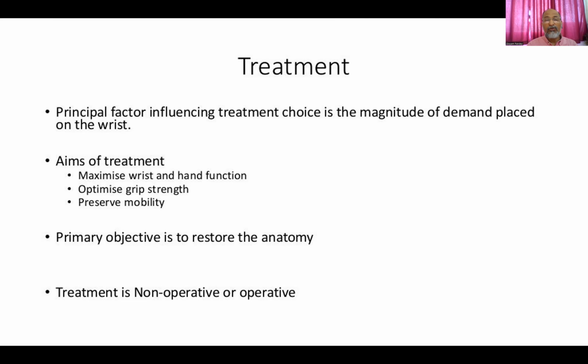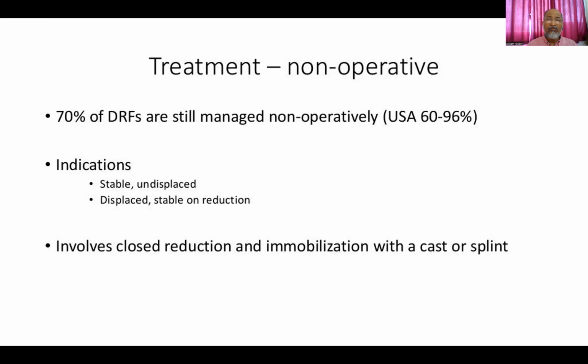Then the primary objective is to restore the anatomy, and the treatment may be operative or non-operative, depending on the fracture pattern and on the demand or need of the patient.